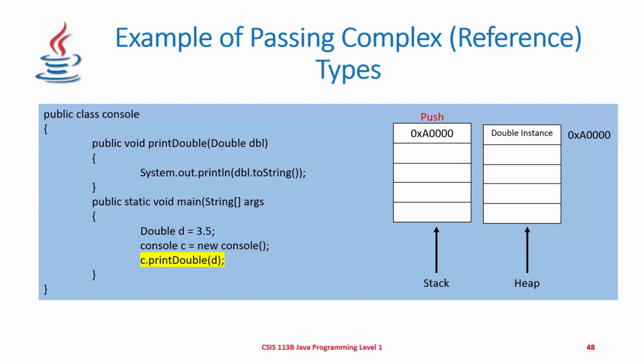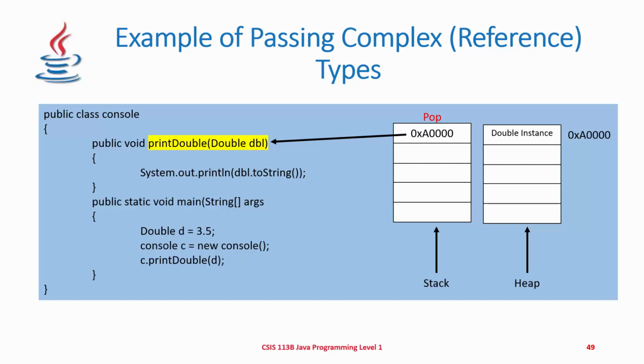That's the reference for the heap memory of where the actual literal value is being stored. Now the next thing is that the method is going to be loaded and processed. It takes that memory address reference and passes it as the parameter into that custom printDouble method as a variable dbl.